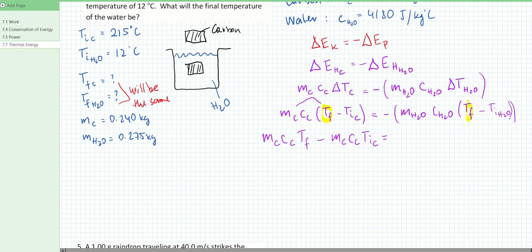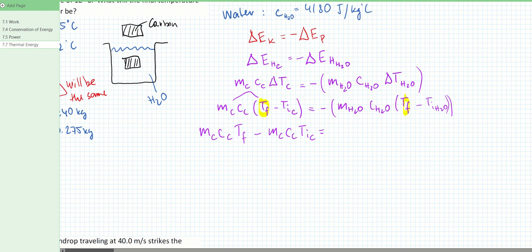On the right side, we're going to have a negative M H2O C H2O times the T final, so TF. Now here, because this whole thing is negative, if you remove this set of parentheses, it basically doesn't really change anything, we just remove them.